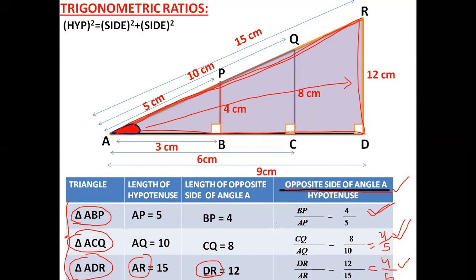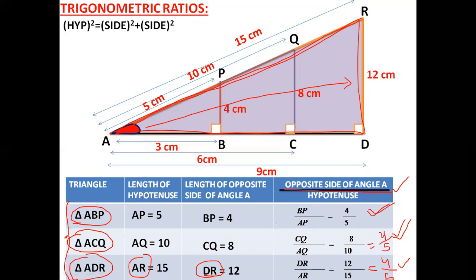So we can conclude that in all similar right angle triangles, the ratio of the opposite side and hypotenuse is always a constant.